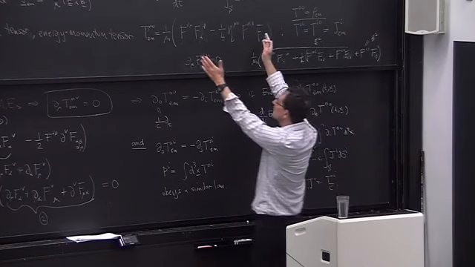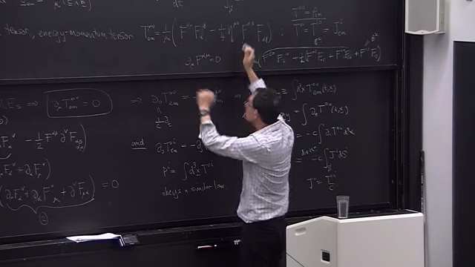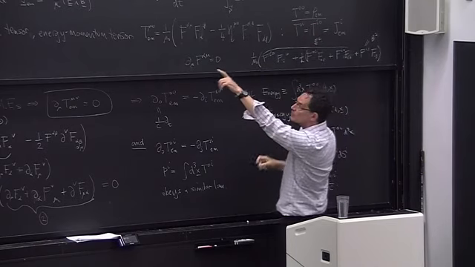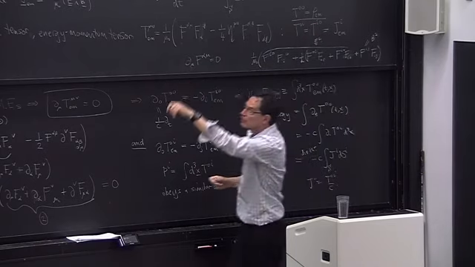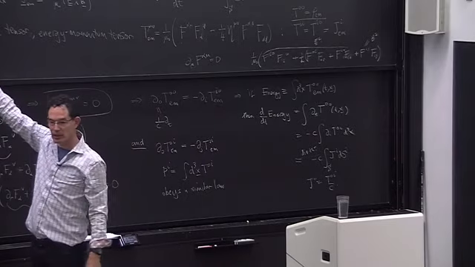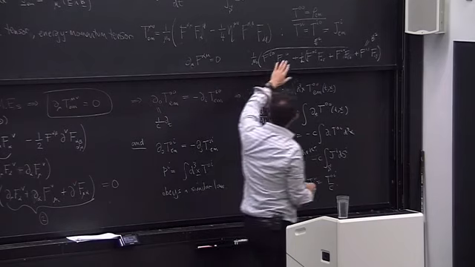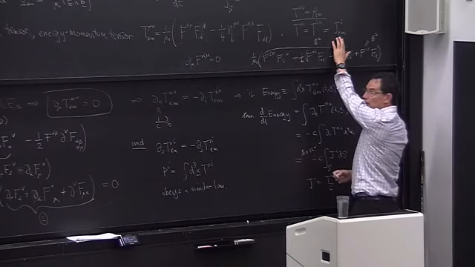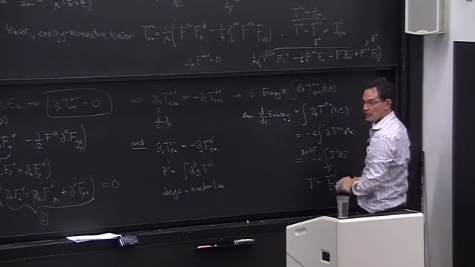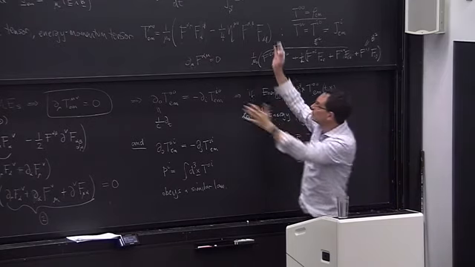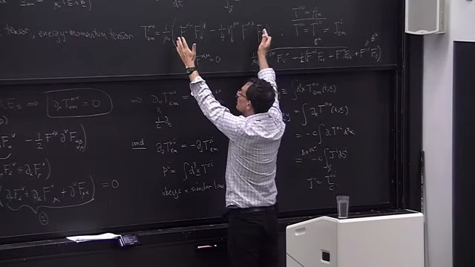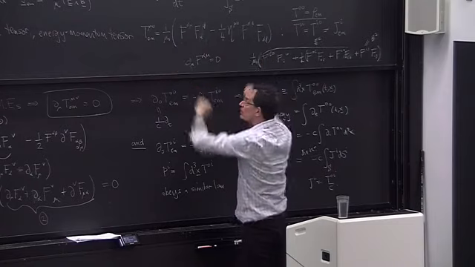So I've defined this messy thing involving F. Its 0,0 component is precisely the energy density in the electromagnetic field, and its 0i component is precisely the Poynting vector. Okay, so it's a unified expression. This somehow incorporates both of those things.